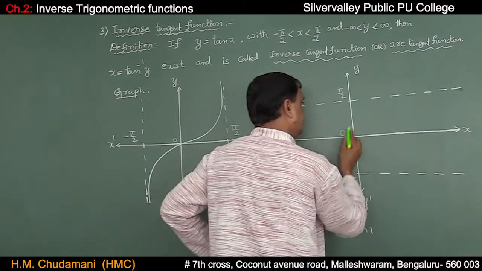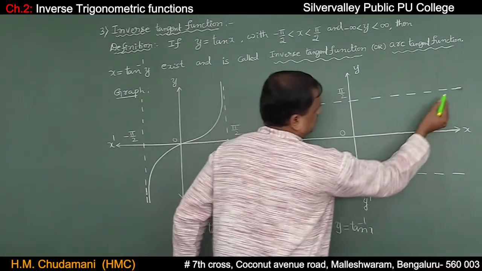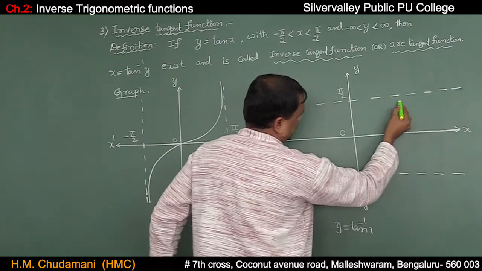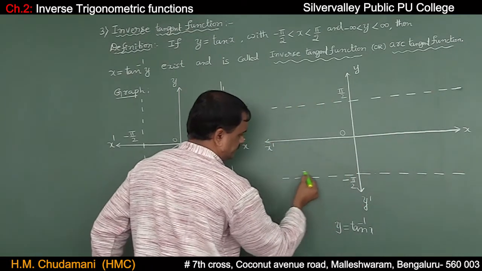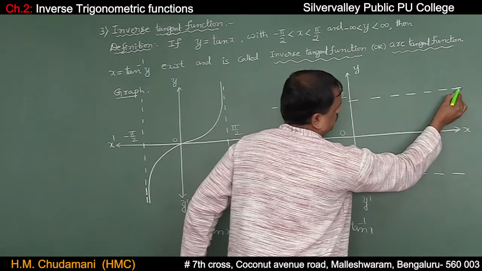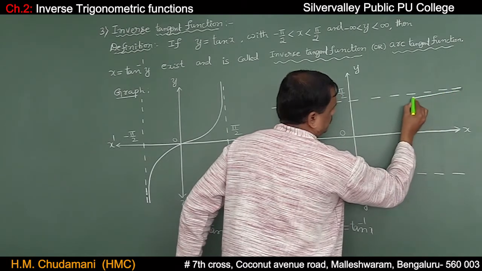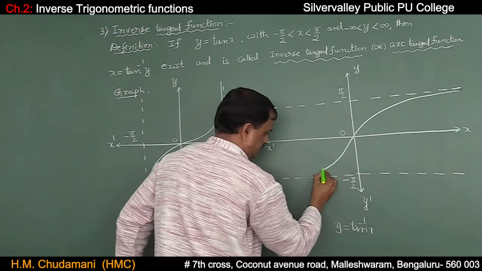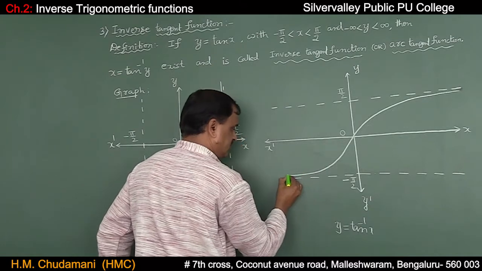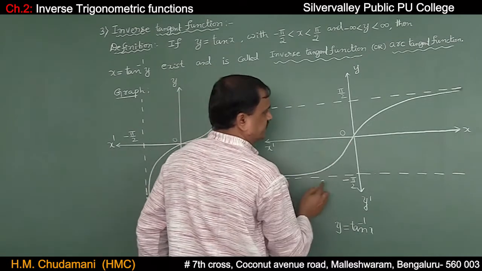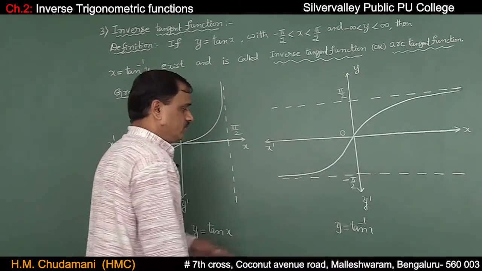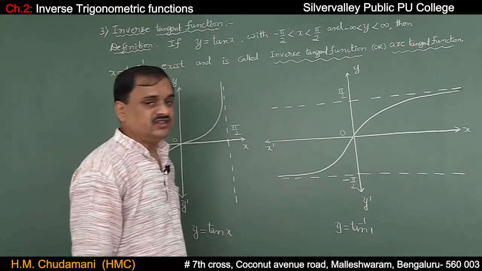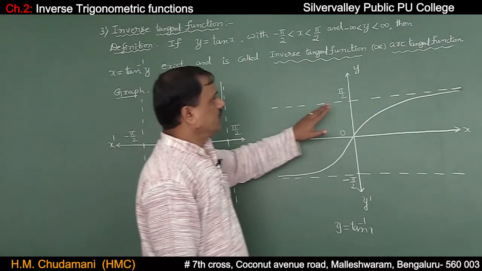This is the origin. Pi by 2, minus pi by 2. The graph should be like this. It should not touch there. So this is the graph of y is equal to tan inverse x. Understood?